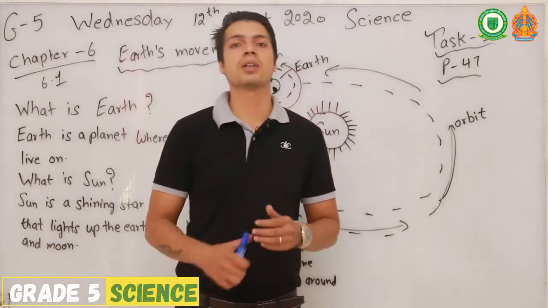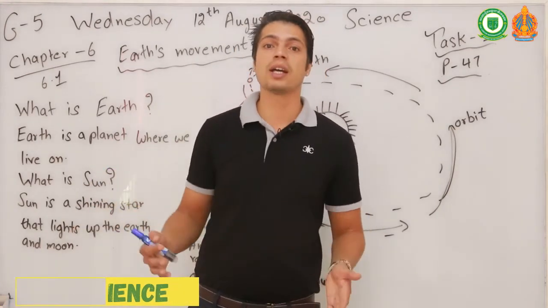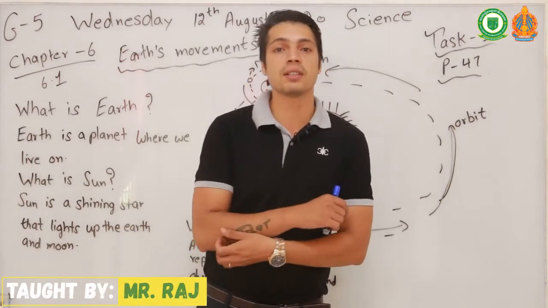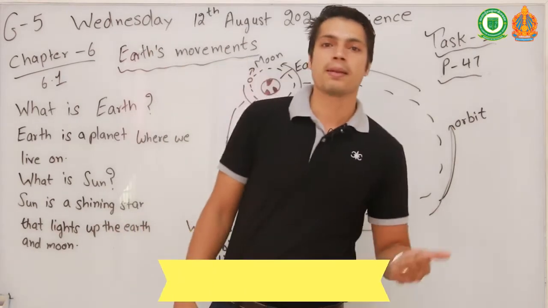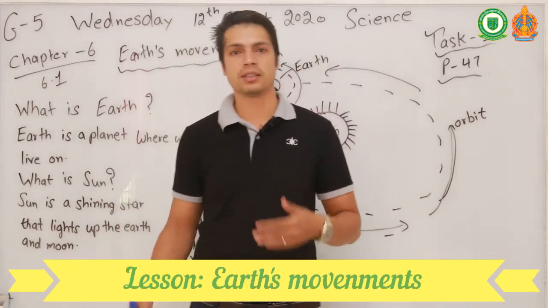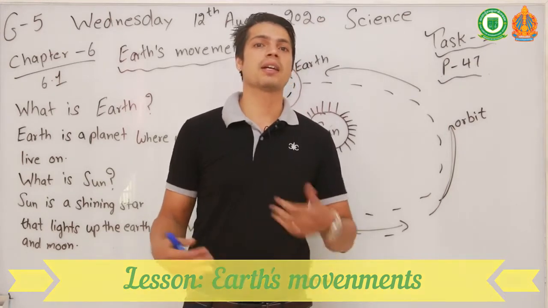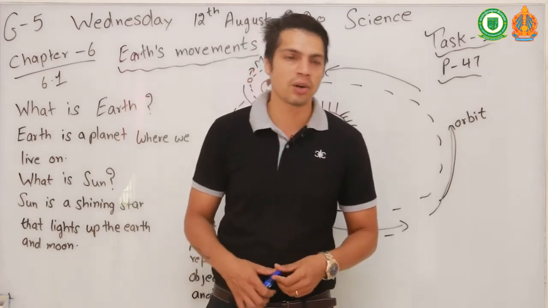So planets, they don't have their own light, okay. But stars, they have their own light, so that's why they twinkle, okay. So these are the differences between star and a planet, okay. So I will drop some more information, and I will explain you the difference between a planet and a star, okay.